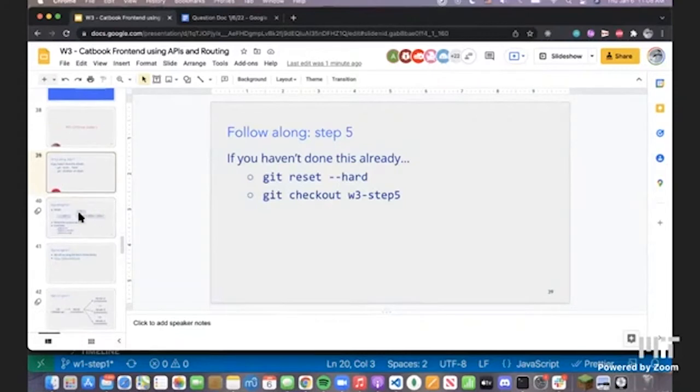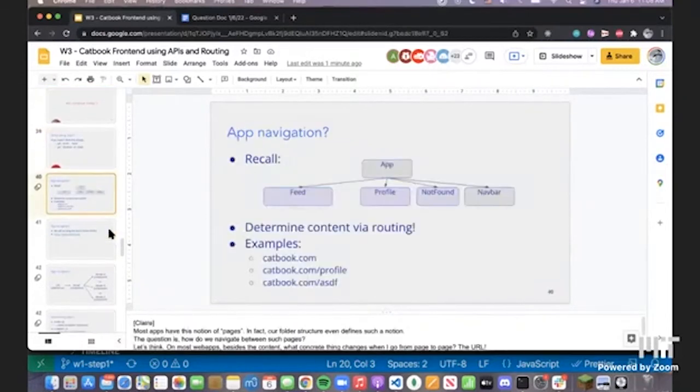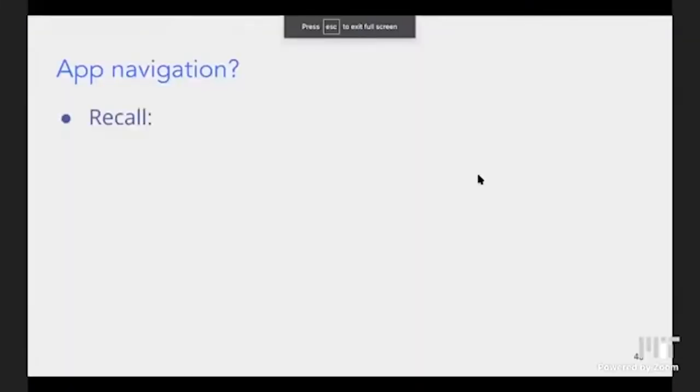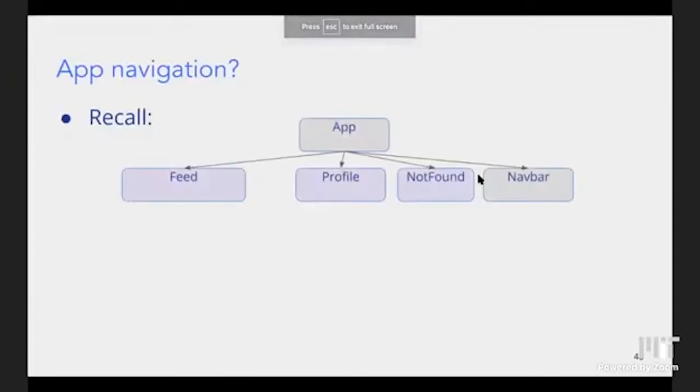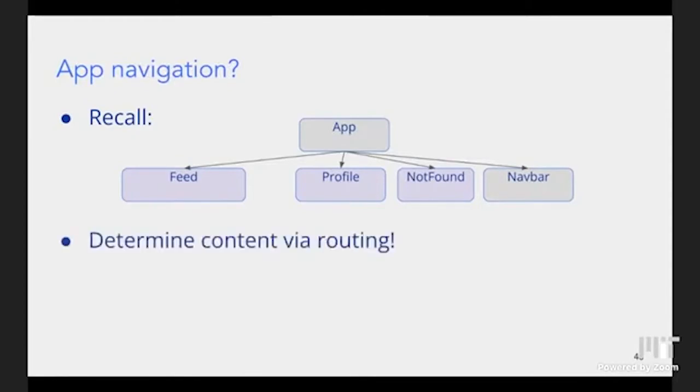Okay, so the first thing that we're going to work on today is routing between pages. So recall that this is our basic component tree. We have the app on the top, and the app is the parent of other pages like the feed and the profile. And today we're going to add a not found page. And it's also the parent of the nav bar, which isn't a page, but it's still a child of the app.